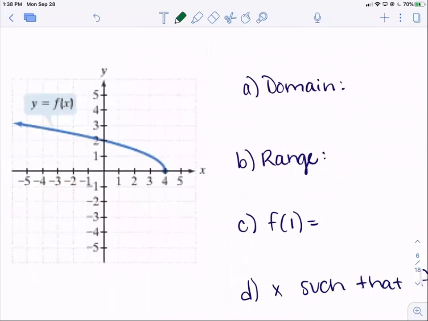Domain. On the far left, what do we have? -infinity because we have an arrow. And infinity always has parentheses. And then where's your stopping point? 4 with a bracket, because that's our farthest right point.